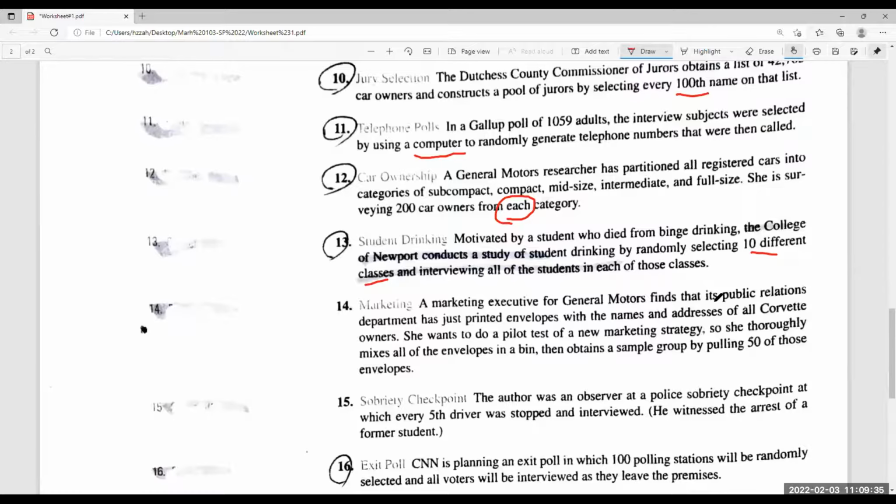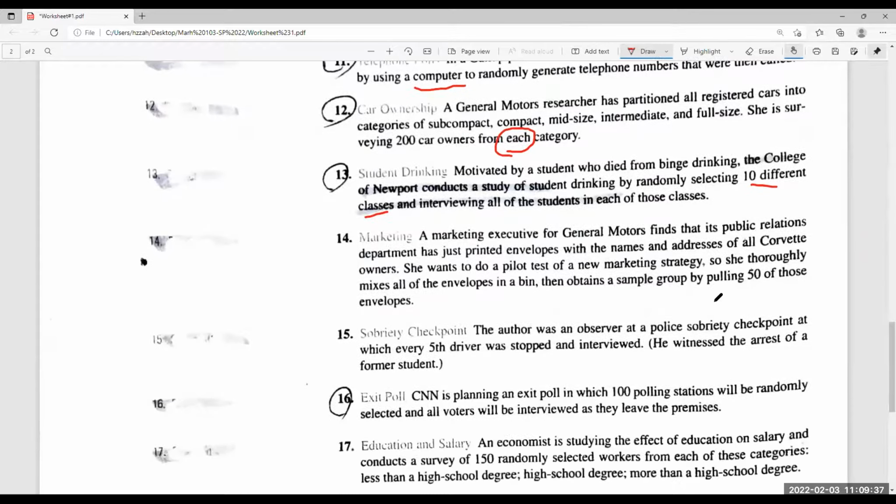The next one, 14, we can do this one too, not bad. A marketing executive for General Motors finds its public relations department has just printed envelopes with the names and addresses of all owners.